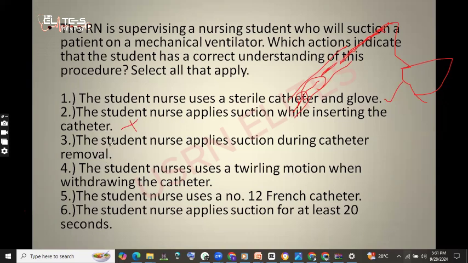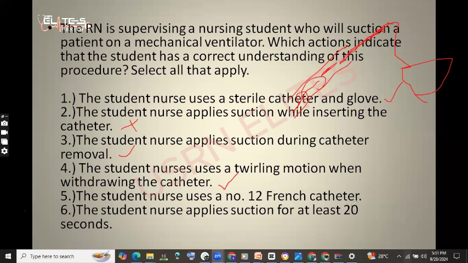The 3 is correct, we've chosen it already. Then the 4: the student nurse applies suction during catheter removal. The student nurse uses a twirling motion when withdrawing the catheter. Also correct.